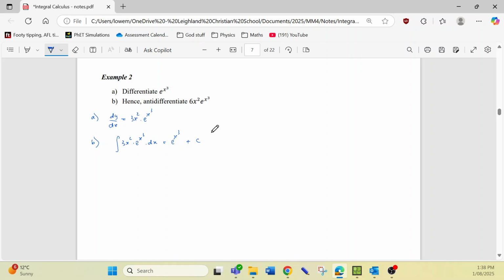Now what we actually want inside the integral is 6x^2 e^(x^3), not 3x^2. So if we multiply both sides by 2, that changes to 6x^2 e^(x^3) dx, and that then becomes 2e^(x^3) + d, if you like, where d is equal to 2c.